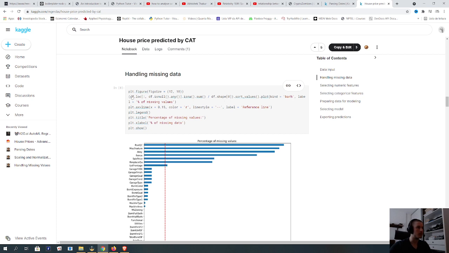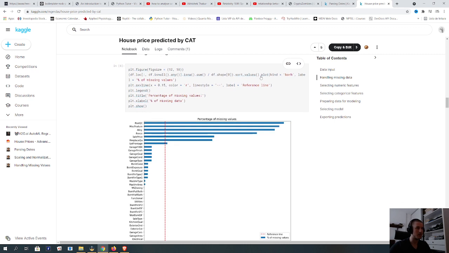And it's going to locate this on the data frame. Then it's sorting by values, which returns a series of those columns. And it's doing all this on the figure thing. So pretty much creating a graph of all the columns that have missing values.